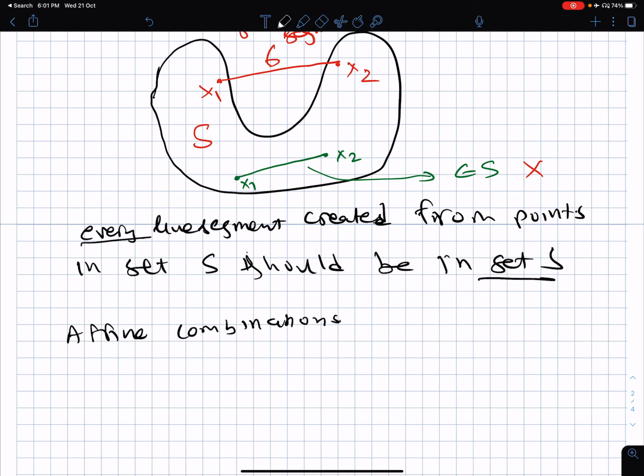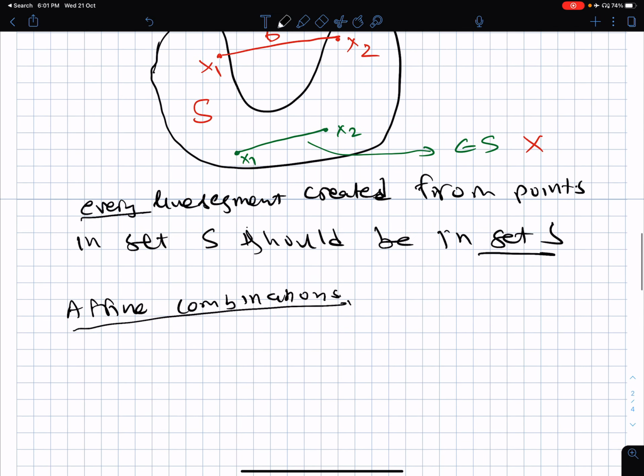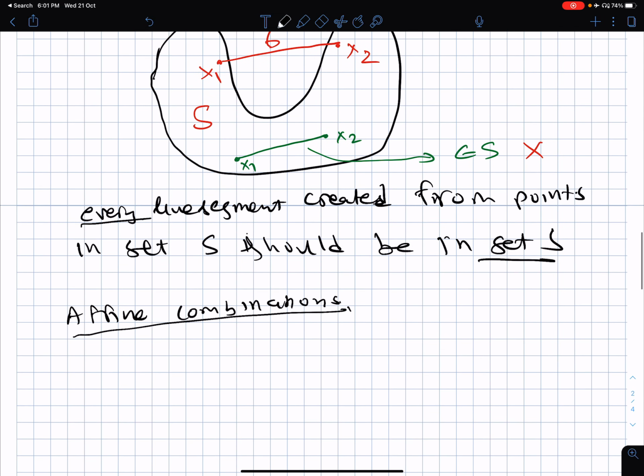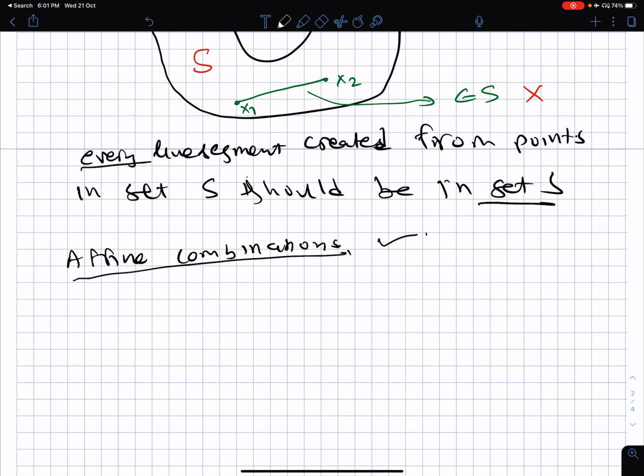I will postpone this discussion for a bit later, and first let's look at some examples of convex sets.